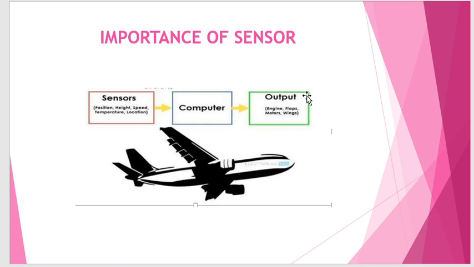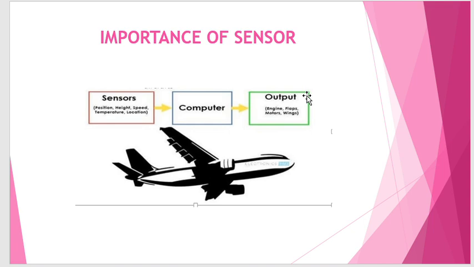That output is fed to engine flaps, motor wings, etc., so that stability is maintained and proper working takes place. So the presence of sensors in an aircraft control system is highly unavoidable.